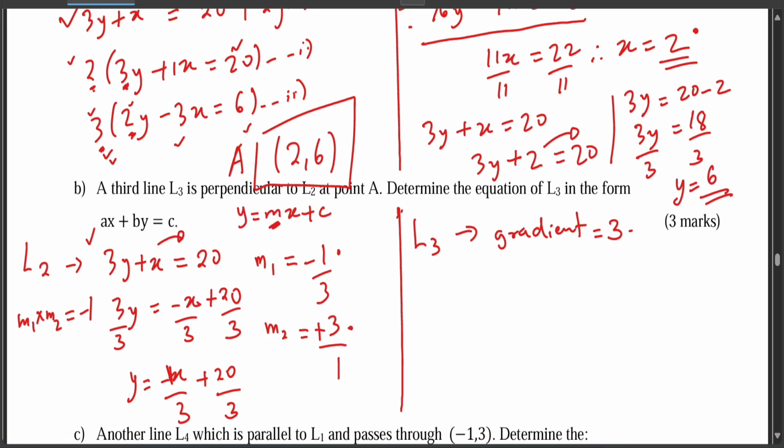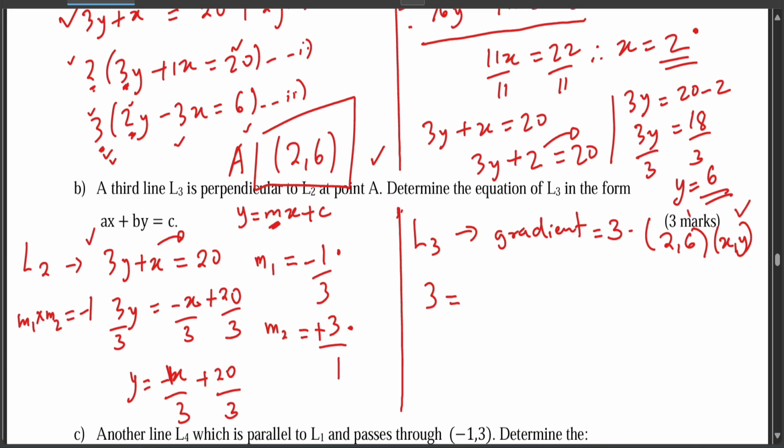Point, umeambiwa at point A. So for you to write an equation lazima uwe na gradient and a point. Point yetu ni A, which is 2,6. So let's assume there's another point x, y. So utaandika gradient which is 3. You know that gradient is given by change in y over change in x.